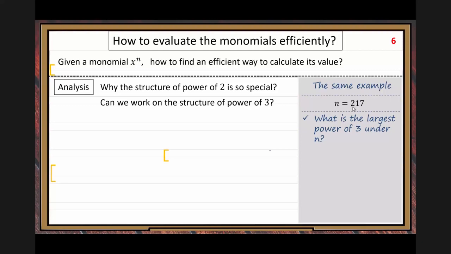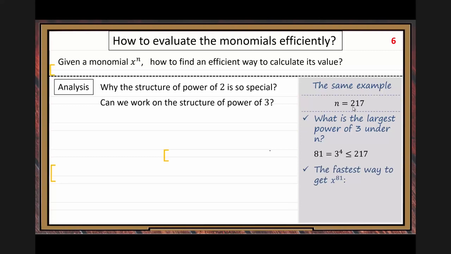This time is different. 81, 3 to the 4th, that's the largest, because 3 to the 5th would be greater than 217. So we have to take 3 to the 4th.